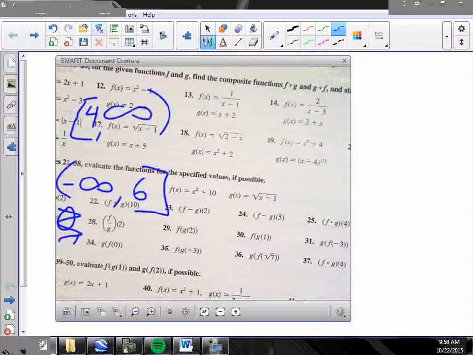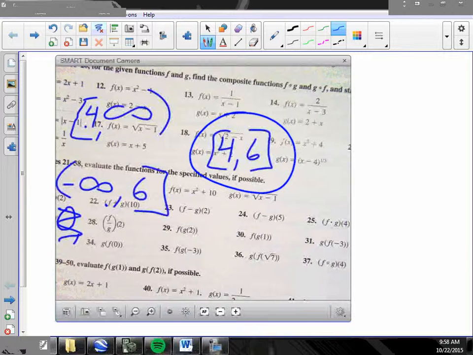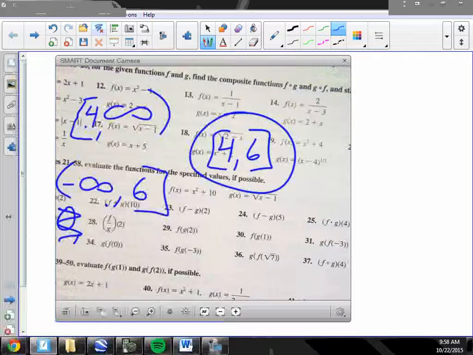What is the intersection of those two domains? The only numbers that work are from 4 to 6. Does that make sense? Because you can't plug 3 into the original, and you can't plug 7 into the end, which means the composition is going to exclude both of those. So the domain of the composition is the intersection of all of the other domains. Okay?